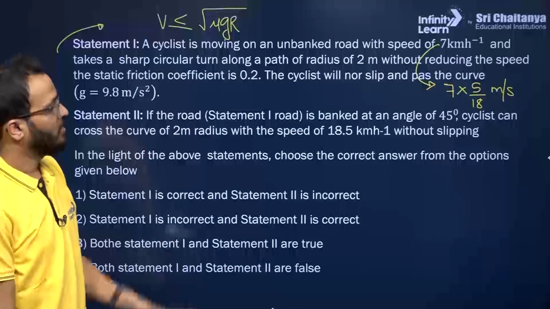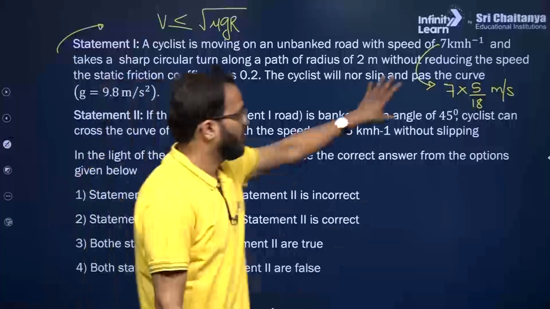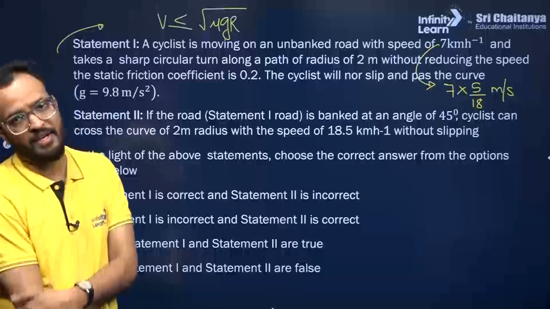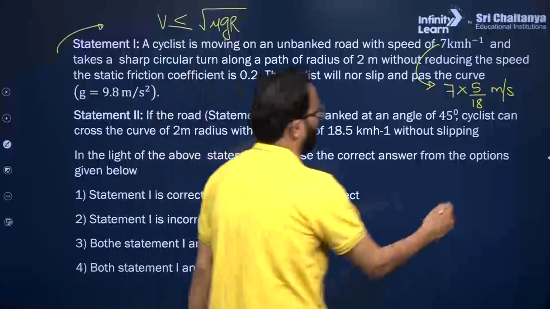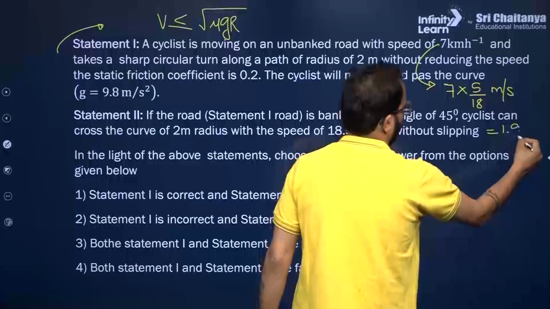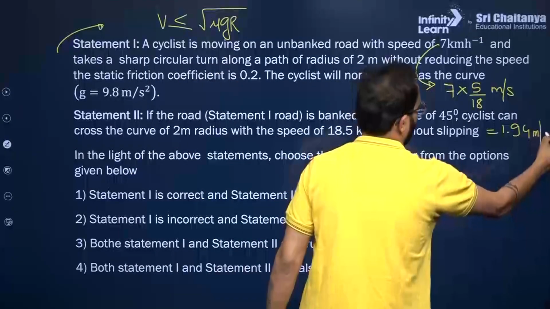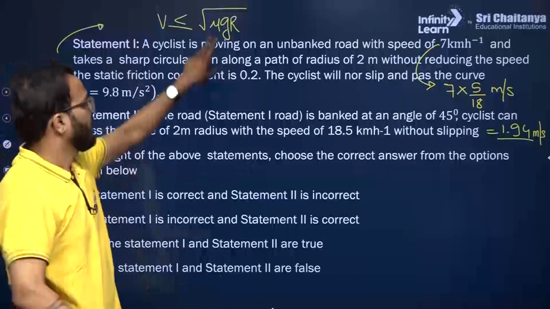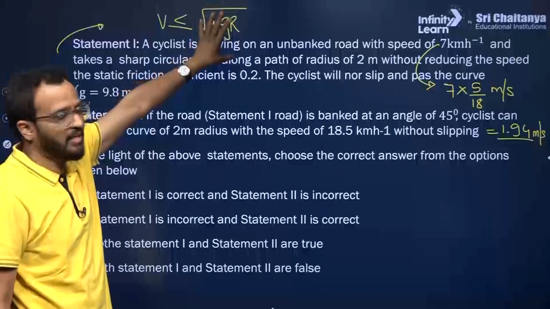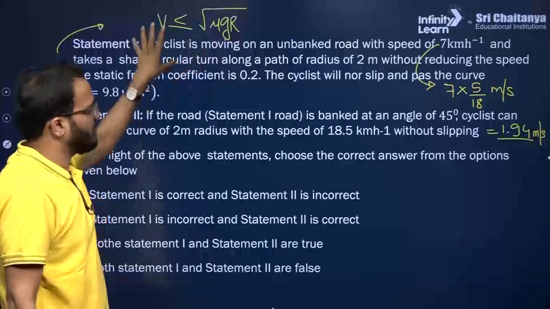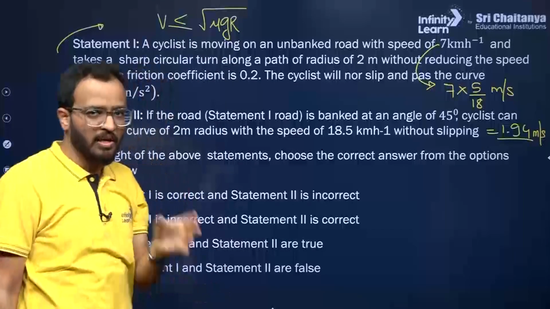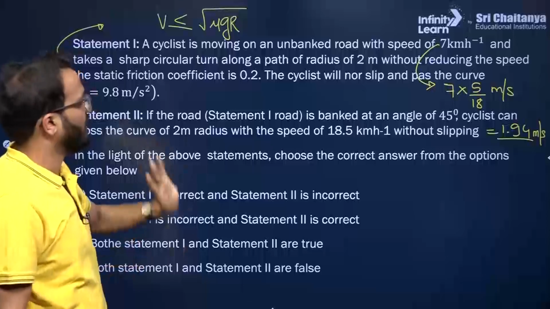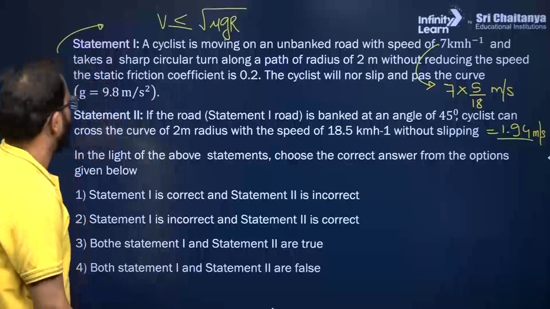So this is how you will do it. 7 5 is 35, 35 by 18 is 1.94 approximately, something like 1.94 meter per second, and this value comes out to be approximately 1.97 or 98 something. So we will say yes, V comes out to be less than root mu g r, so hence he will not slip, the cyclist will not slip and pass the curve.